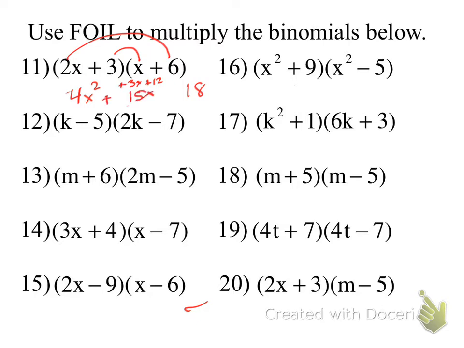So that's what he was talking about doing. So it'd be 2k squared minus 35, and then inner is negative 10k, and outer is negative 7k, negative 17k. That's what Rowing was talking about.